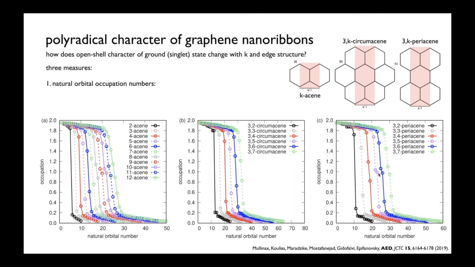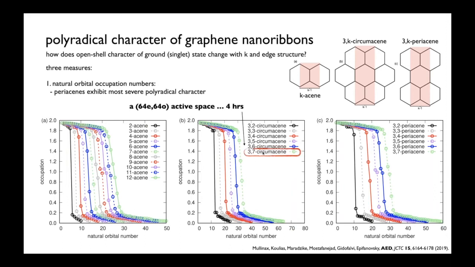So already at the 3,5 periacene, we see a singlet biradical, and then you have very complicated polyradical character beyond that point. So if I was to decide which one of these had the greatest degree of polyradical character, I would say the periacene series easily.